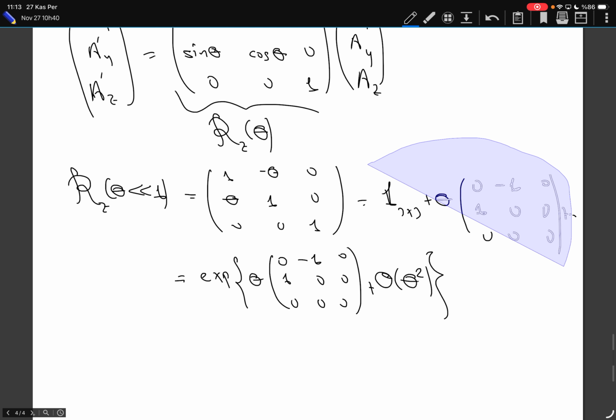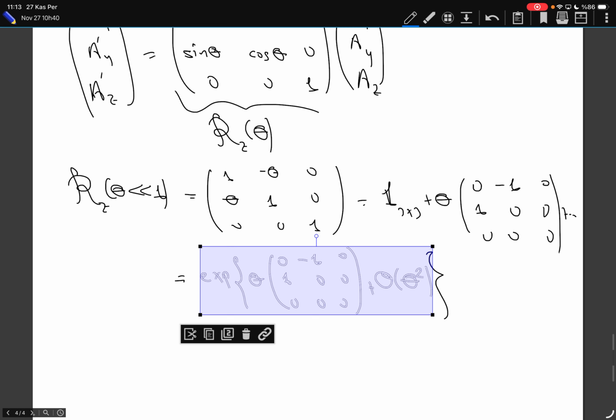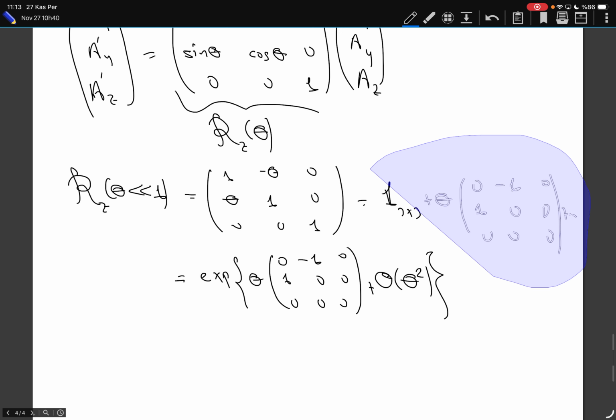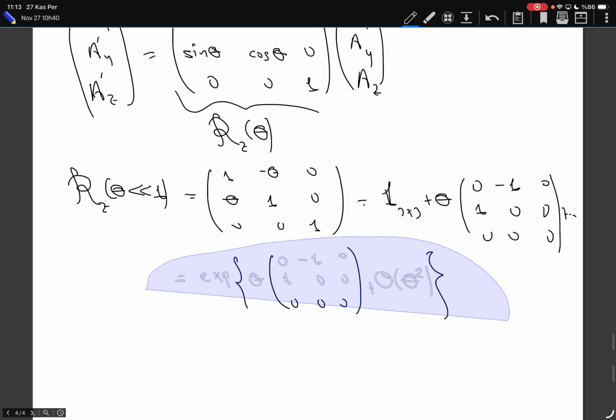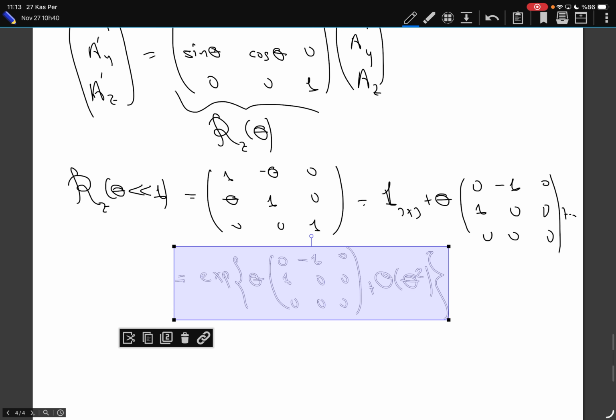This expression and this expression agree up to order theta. I'm actually calculating everything up to order theta, so there are corrections of the order of theta squared. Now, to go from this expression to this expression, you can just say that I'm taking the logarithm, putting whatever I have in the exponent, and then Taylor expanding the logarithm itself. So all the theta squared corrections I can put in the exponent.